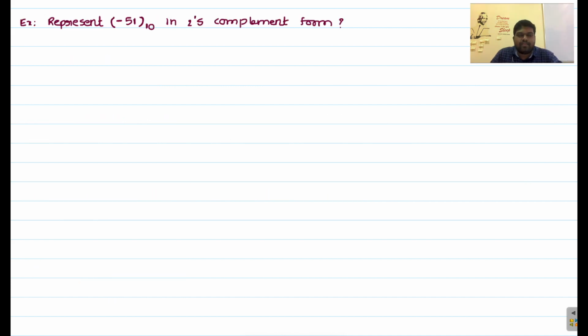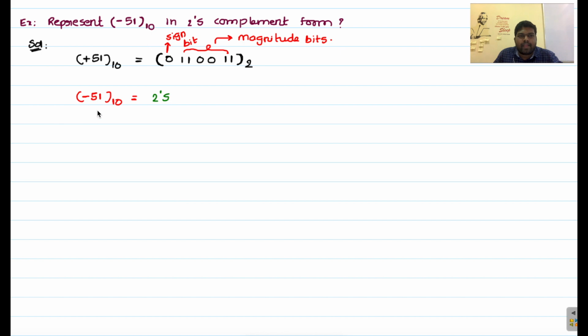Represent minus 51 base 10 in its two's complement form. I already told you these complement forms are used to represent negative numbers only, and here the given number is minus 51 base 10. So now take the plus 51 representation. Minus 51 base 10 means the two's complement form of plus 51 base 10. First separate the sign bit and the magnitude bits.